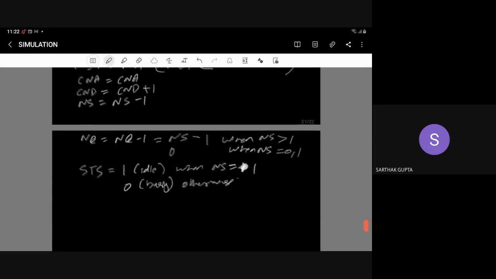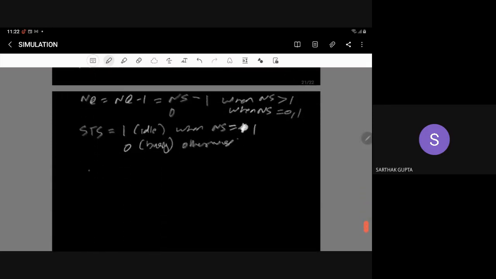Then, whenever we have the departure, at that time you have to generate the next departure also. Generate NDT. So what is the NDT? It is T plus ST, current time plus service time. As you have completed the service for one customer, immediately you have to say when the next customer will depart.